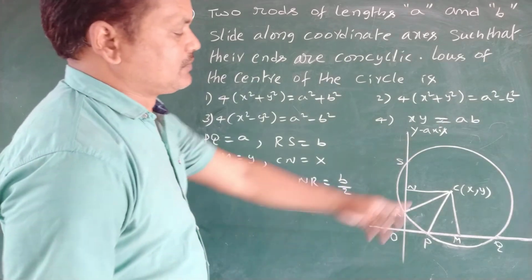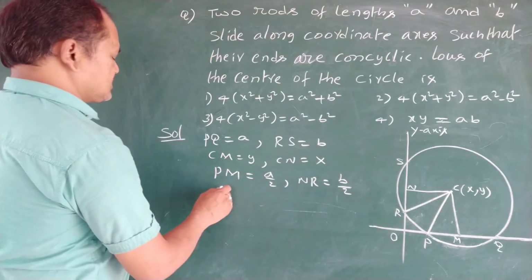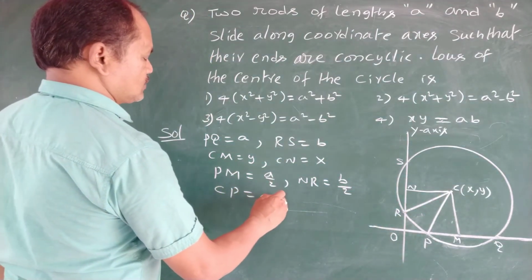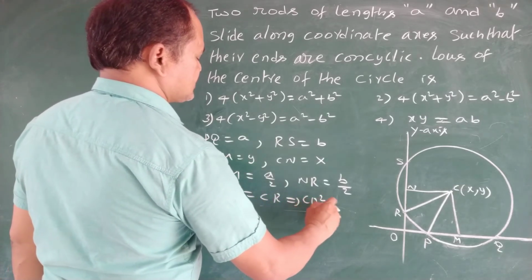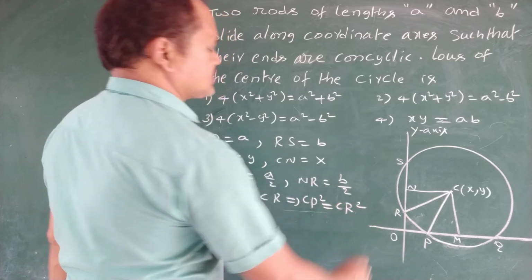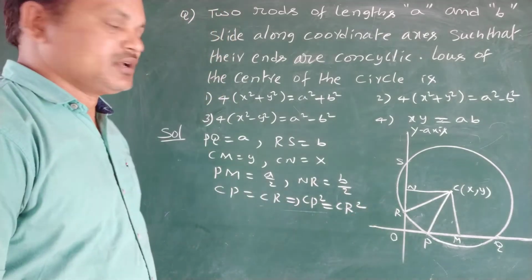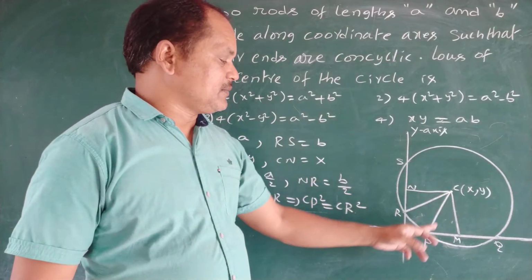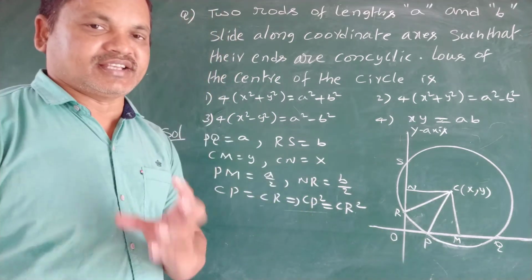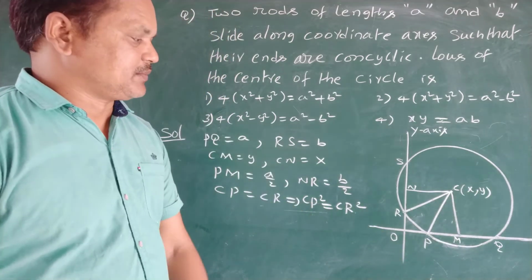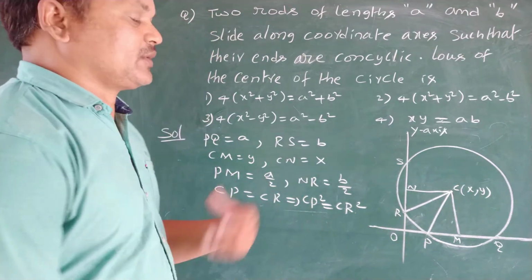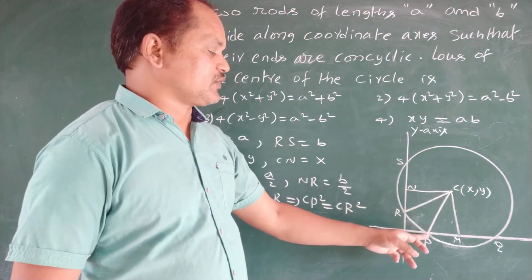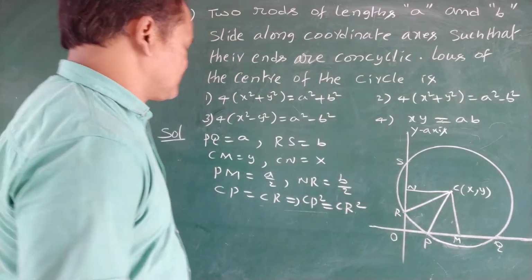Now from the circle concept, CP is equal to CR. Apply squaring on both sides. CP square is equal to CR square. Are you clear? Now from triangle CPM, CP is the hypotenuse. According to the Pythagoras theorem, CP square is equal to PM square plus CM square.